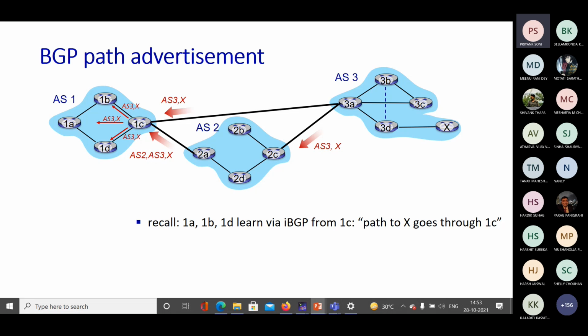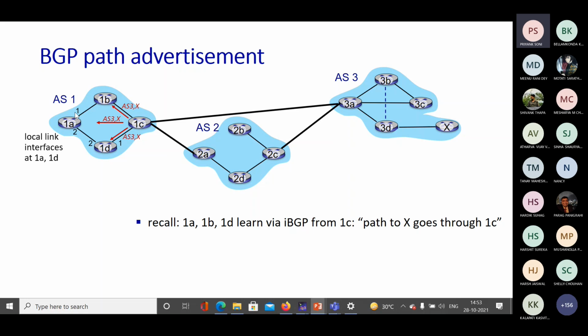Now let's take a look at BGP path advertisement. We have already seen this example where 1C advertises the path AS3,X to all other routers belonging to its AS. Okay, so look at the link interfaces that we have for router 1A.